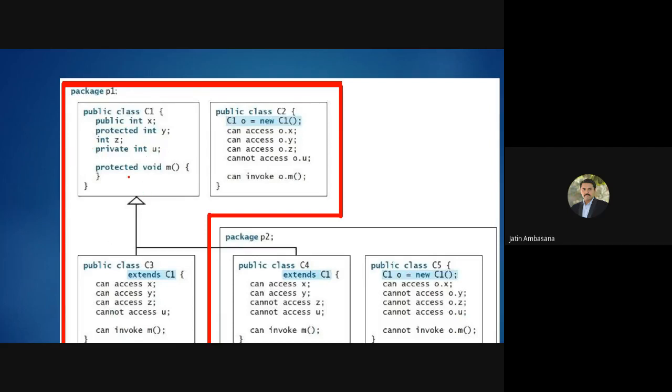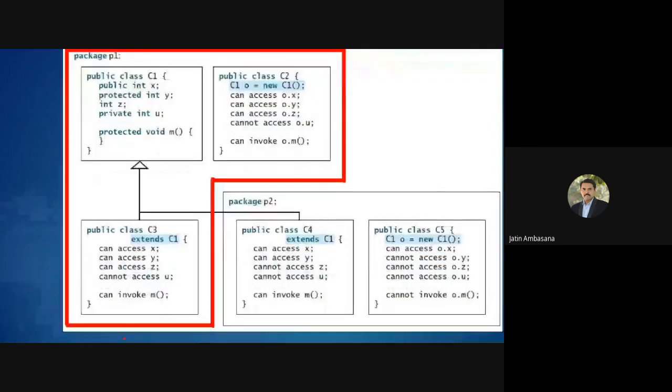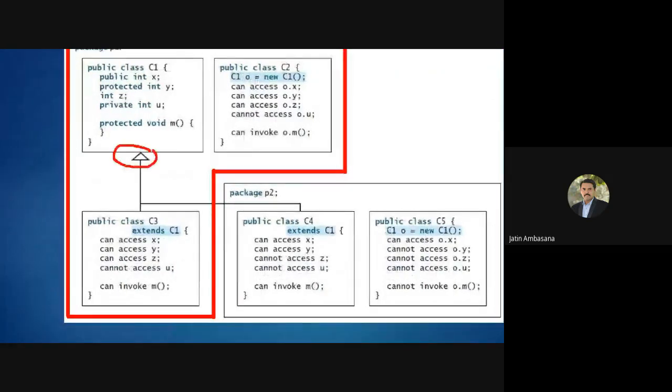So tell me now, if this C1 is inherited by C3, by saying C3 extends C1. Now you can see that C3 can access X because that is public. C3 can access Y because it is protected. So the child class can also access protected variables, right?